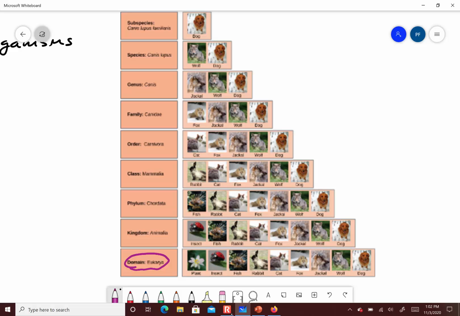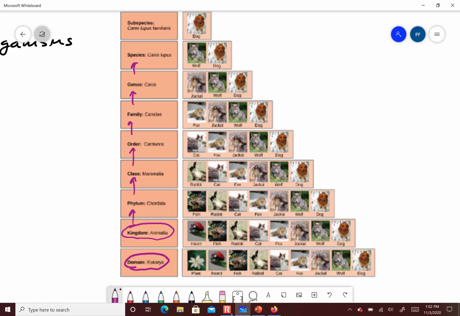So look at everything that's in the domain Eukarya. There's all different animals. There's plants. They didn't picture it, but remember there's fungi, there's protists. And then we throw out anything that's not an animal, and we have the kingdom Animalia, so all the animals. Still talking millions and millions of things. And then we just keep breaking that down, right? Kingdom to phylum, phylum to class, class to order. We keep breaking it down until we get to a specific scientific name.